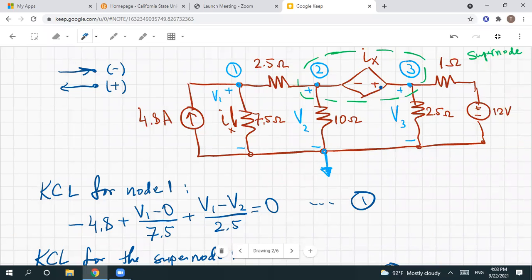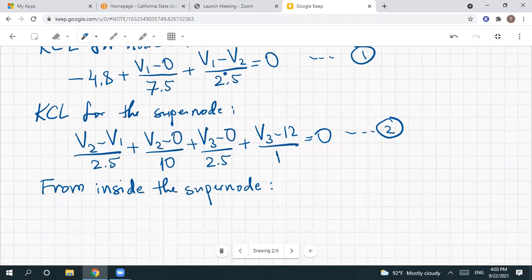So the positive terminal is at V3 side, the negative terminal is at V2 side. So this means that V3 minus V2 is equal to IX. So from inside the supernode, I know that V3 minus V2 is equal to IX.